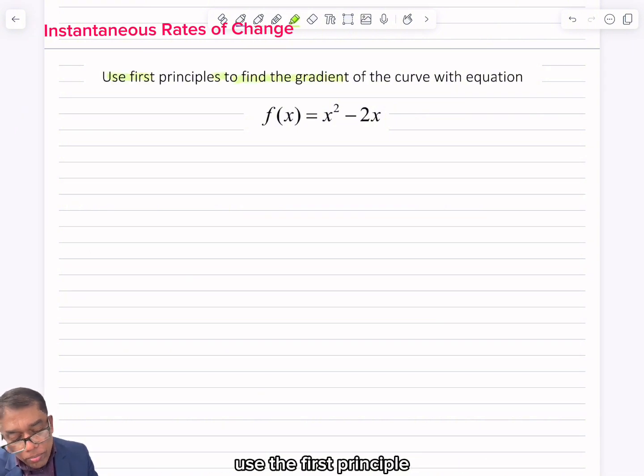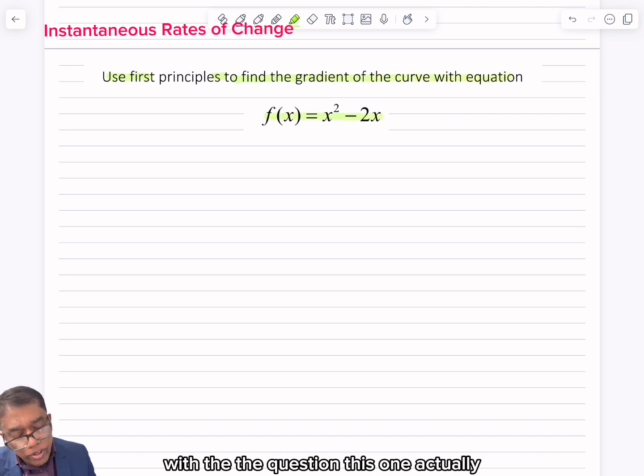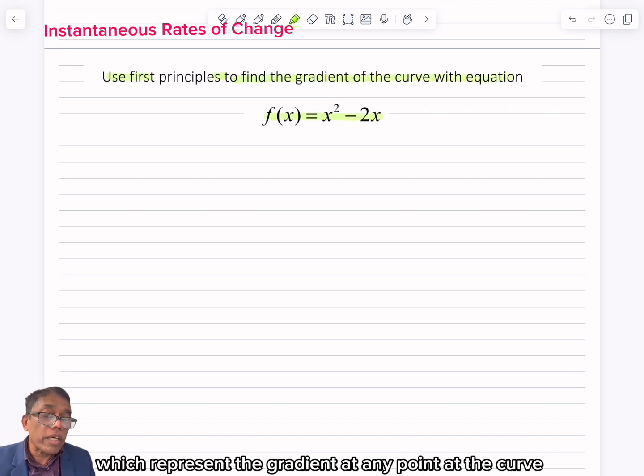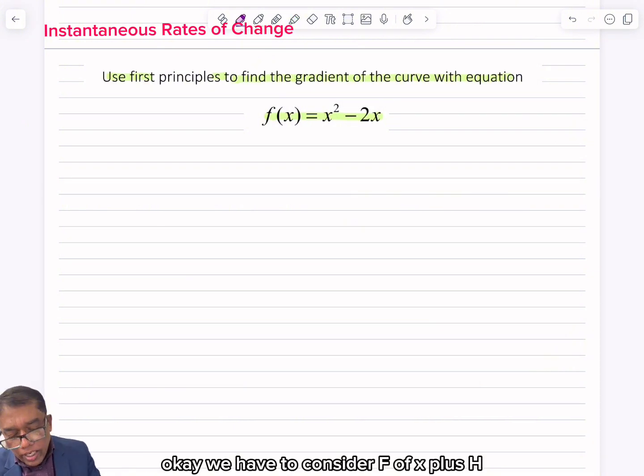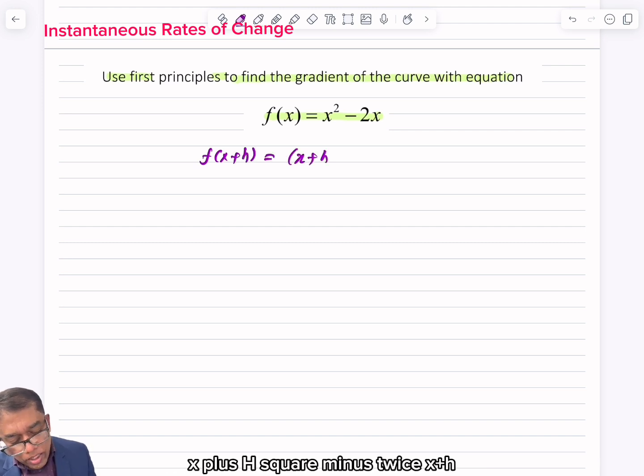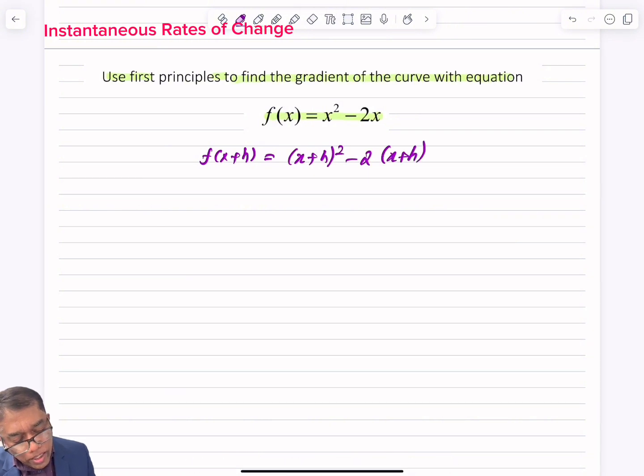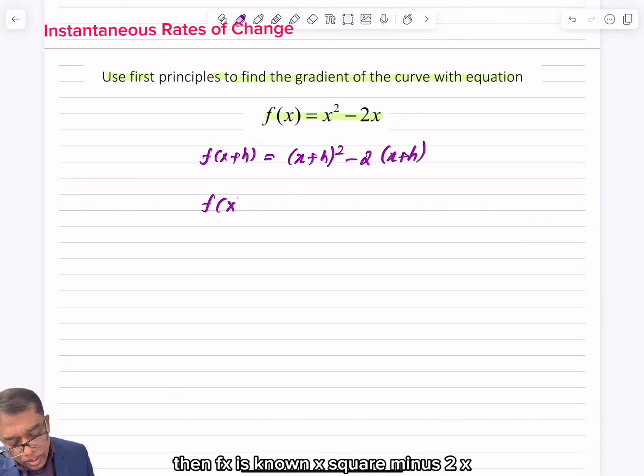Use the first principle to find the gradient of the curve with this equation, which represents the gradient at any point of the curve. Okay, we have to consider f(x plus h), which is (x plus h) squared minus twice (x plus h). Then f(x) is known, x squared minus 2x.